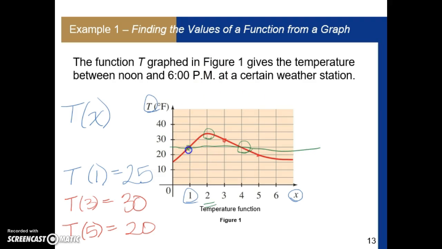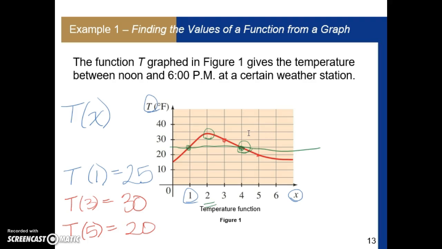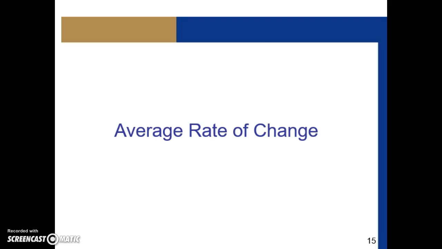We already found out that t of 1 was 25, but t of 4 is also 25. Find the values of x for which t of x is greater than 25. That happens on this entire interval right here, on the interval from 1 to 4. The output values on this function are 25 or greater.